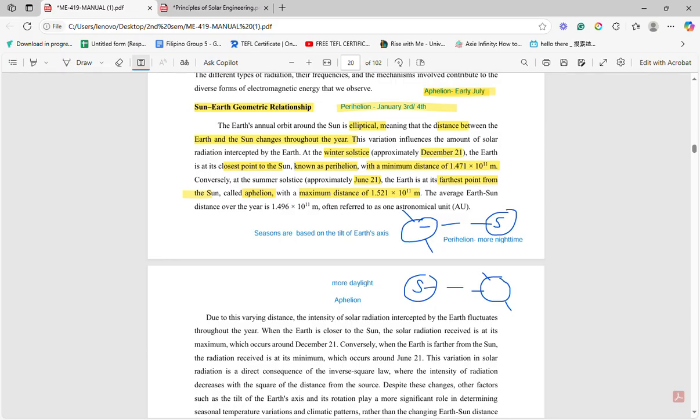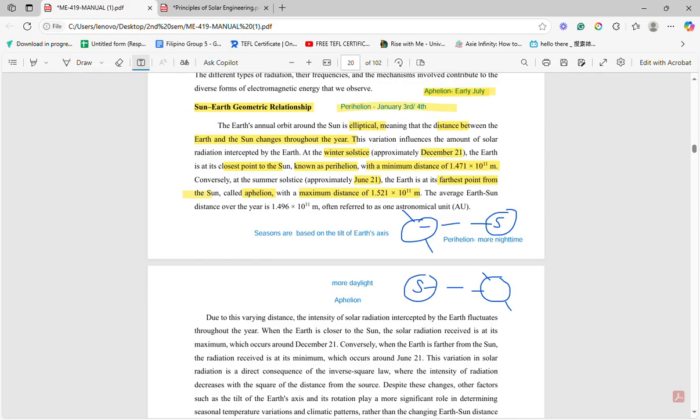But that 7% more is quite smaller if we think about the tilt angle, because the actual tilt of the earth dictates more of the energy being directed towards the Earth.